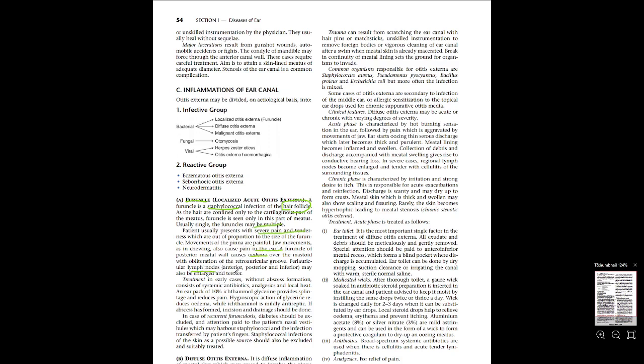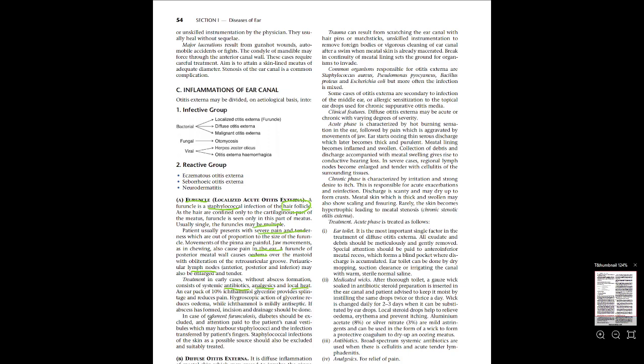The treatment is systemic antibiotics like vibramycin, analgesics, meaning painkillers like brufen, and local heat, meaning you can apply heat.